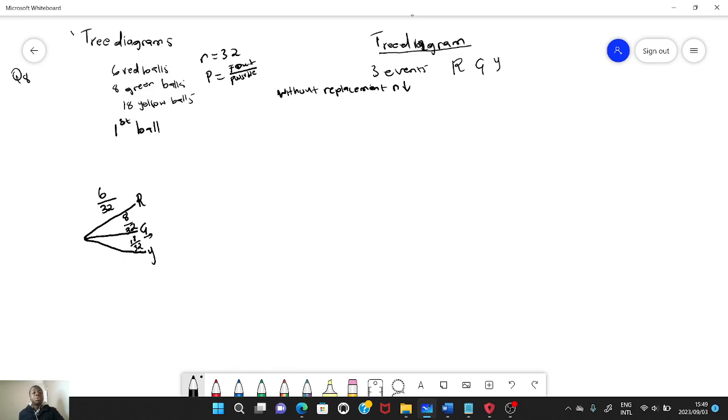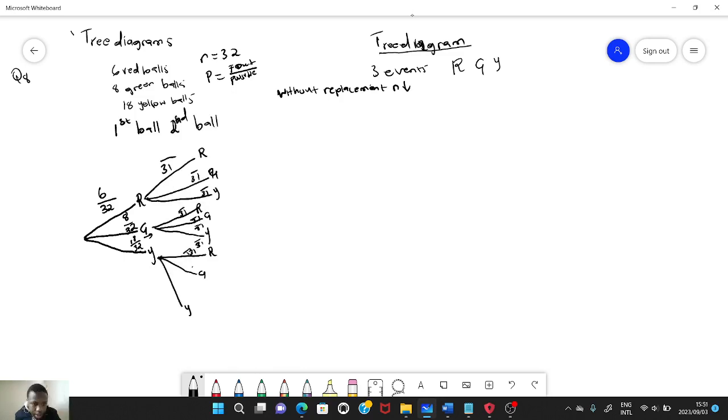Why? Because I have already, okay, I'll try to write green here, right? That will be my green, and then I'll have my yellow in this case. Okay, now I know it's 31. Please bear with me. I'll try to make sure that you acknowledge them, right?